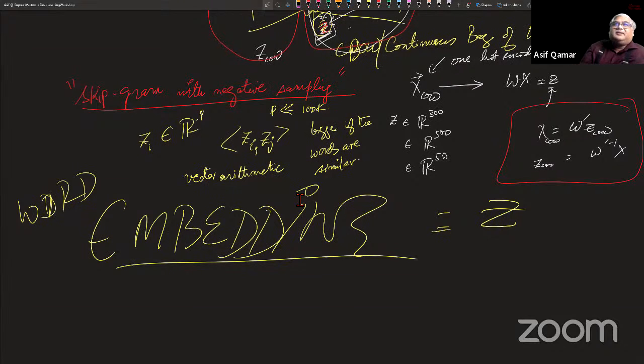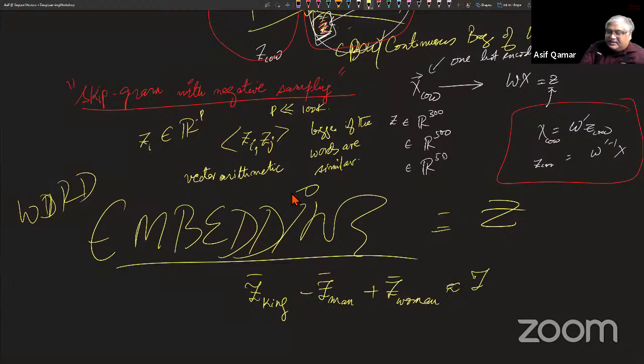That is one. The other interesting relationship people began to find is if you do the word king minus Z of man plus Z of woman, you start getting approximately the value of Z for queen. And when people saw this sort of interesting vector arithmetic relationships, they began to get really excited.